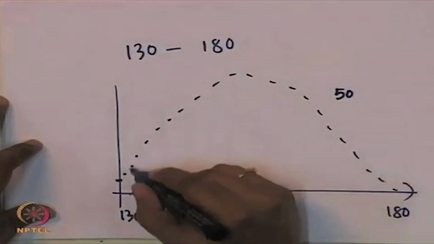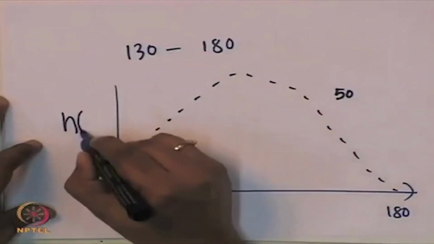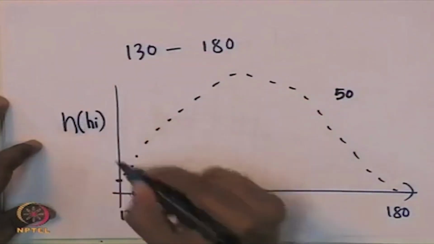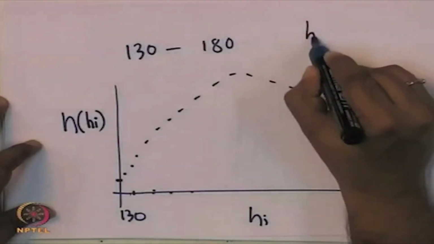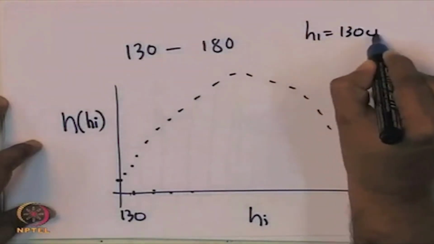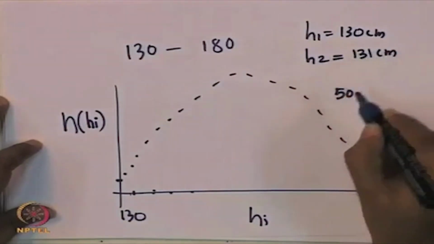For each centimeter, how many students having? So, this is Hi. So, H1, H2, H3, H4, H5. H1 is 130 centimeter, H2 is 131 centimeter.